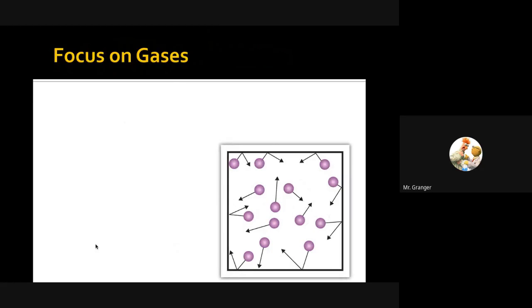With gases, we have movement that is rapid and random. We have elastic collisions, as we've looked at with the kinetic molecular theory. So no forces, or intermolecular forces to be specific, and these particles of gas are not attracted to each other because there's no intermolecular force to attract them.